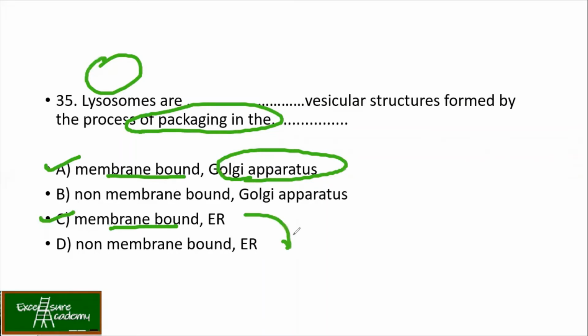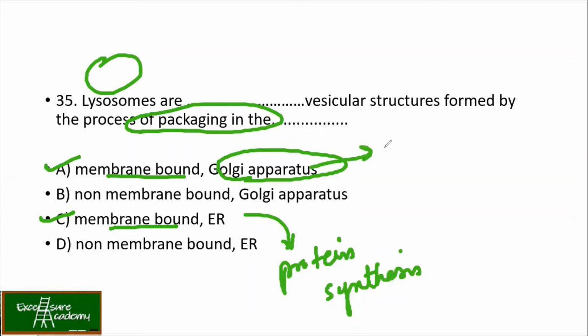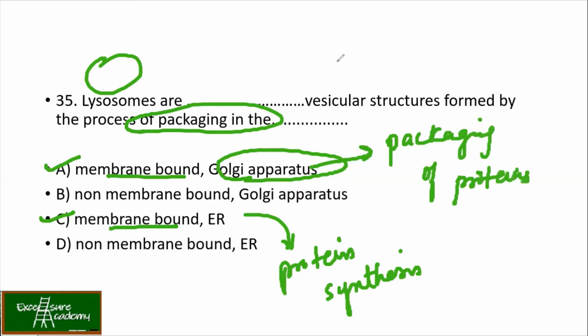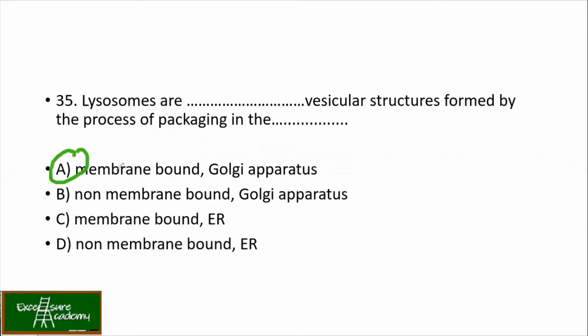So ER is only responsible for protein synthesis, whereas Golgi apparatus is responsible for packaging of proteins. Okay, so from this now it is clear that option A is the correct answer. See, now if you study like this, it becomes very easy to solve the questions correctly.